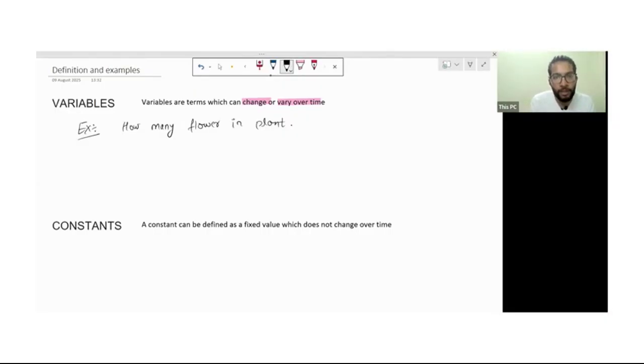Suppose in the plant, if today I have 10 flowers, then for the next day, it may be increased up to 15, or according to conditions, maybe it will get low to 8. Okay, so for such type of things, which values are not fixed, we say such values are variables. And from the word itself, vary, we can say that values are not fixed.